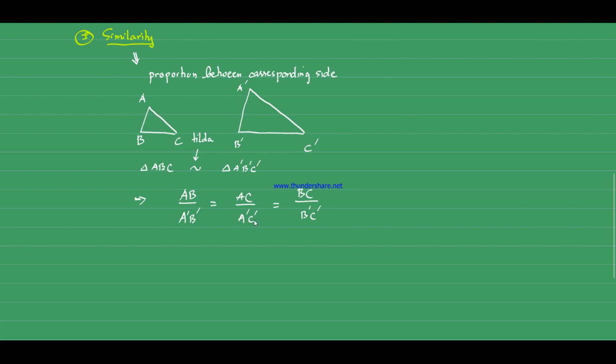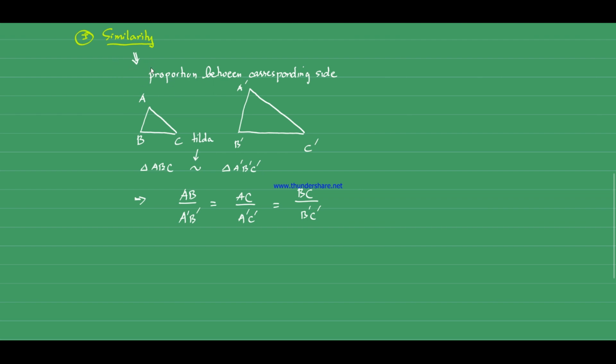I cannot switch the position right here. I cannot put A prime C prime on the top and AC at the bottom, because you already started with the smaller triangle. If you start with the bigger triangle, then everything on the side of the bigger triangle must be on the numerators. So remember that.